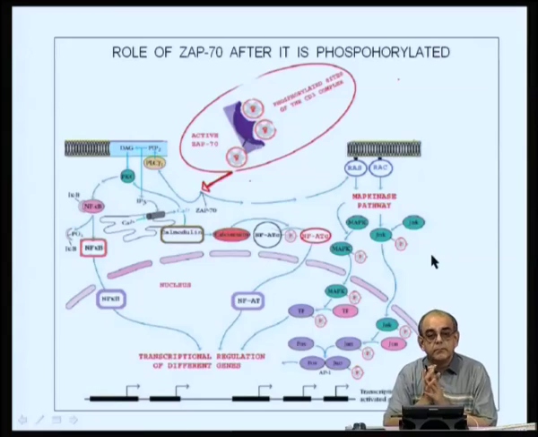So, this is the basic phenomenon of transmembrane signaling that results from the activation of the T cell receptor recognizing this MHC plus peptide complex. A naive T cell has not recognized its cognate antigen, but when there is a viral pathogen or viral replication within a target cell that finds its way into the MHC class 1 or for that matter class 2 molecules, these then activate either the CD8 T cell receptor or the CD4 T cell receptor and result in these various downstream consequences of T cell activation.